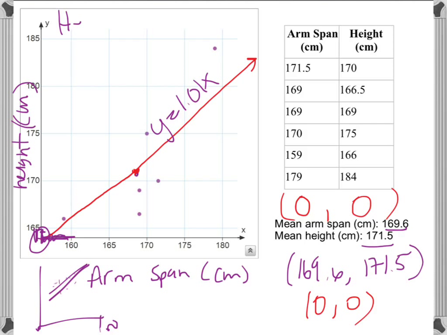And I should have made a name for the graph: height versus arm span, both in centimeters. So it kind of looks like the points aren't closely fit, but that's also because we're really zoomed in, okay?